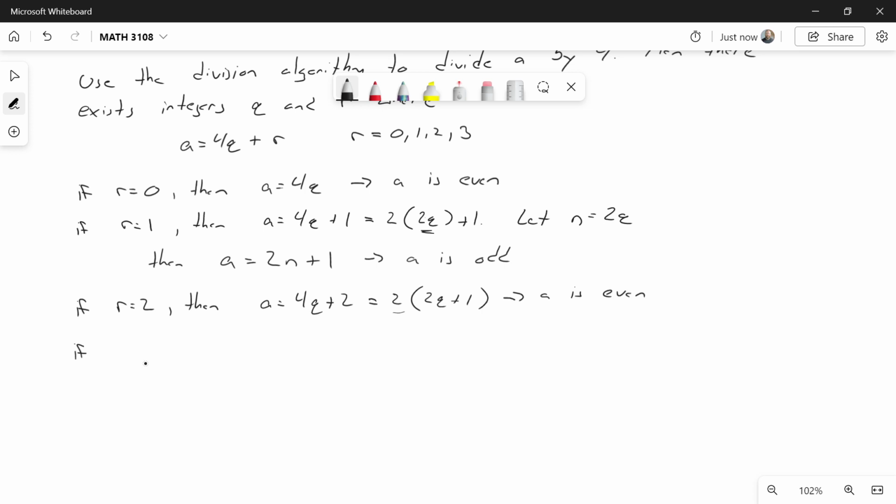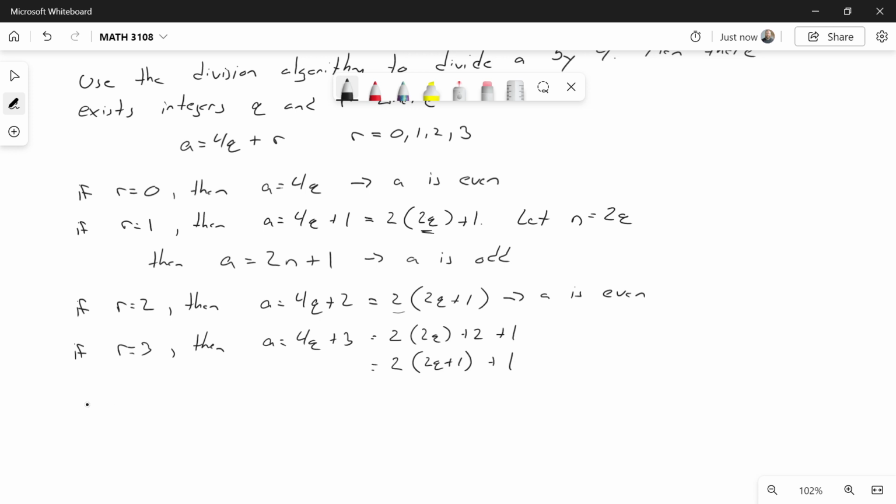Now, last but not least, if r is equal to 3, then a is equal to 4q plus 3, which we can rewrite as 2 times 2q plus 2, plus 1, or I could write this as 2 times 2q plus 1, plus 1.